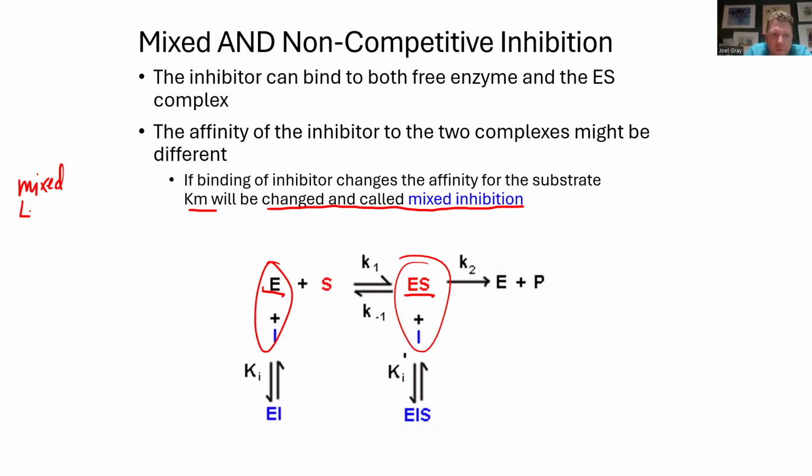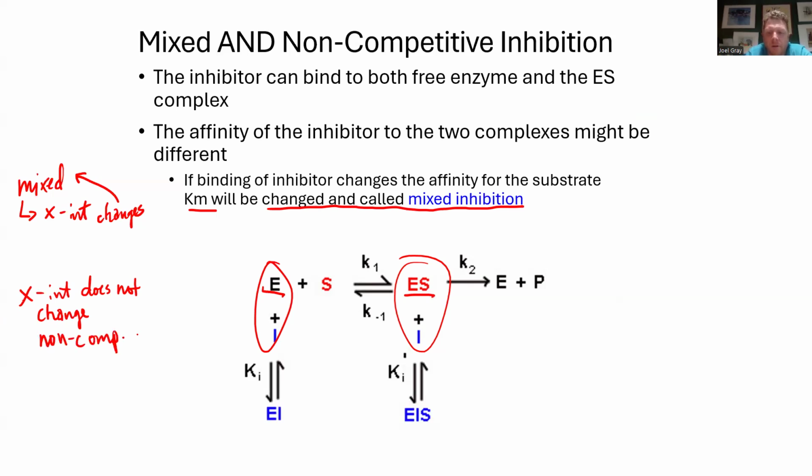Now, if the X-intercept changes, then it is mixed inhibition. Now, the opposite of that is also true. If the X-intercept does not change, then what you have is non-competitive or non-com inhibition.